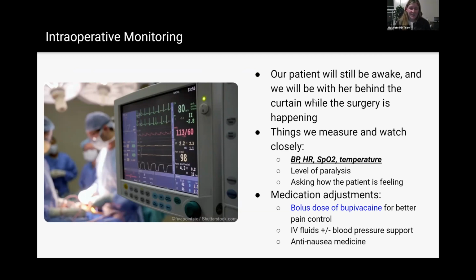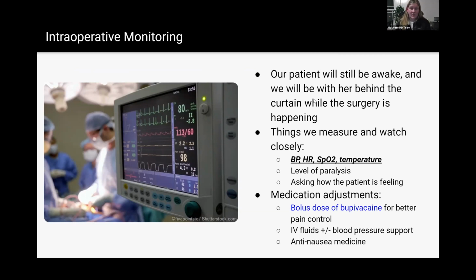During a C-section, almost all of the patients are going to be awake, and we drape a curtain so that their head and neck area is physically separated from the rest of the surgical field, where they're actually operating.